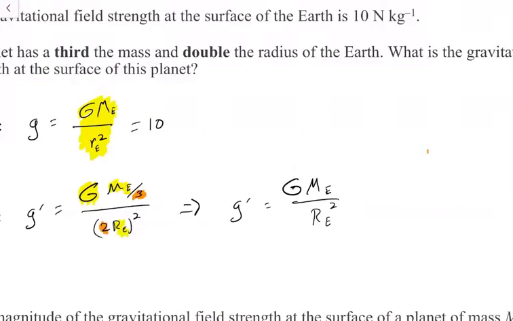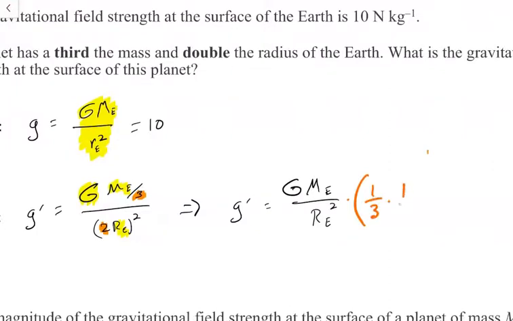So I'm going to write those outside as 1/3 times 1/4, which is 1/12. So I'm just going to erase this and write 1/12. And I can say, hey, look, I see my GME over RE squared, and I can take my 10 and plug it in.